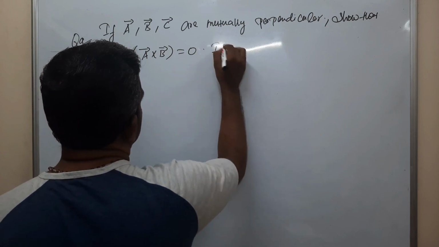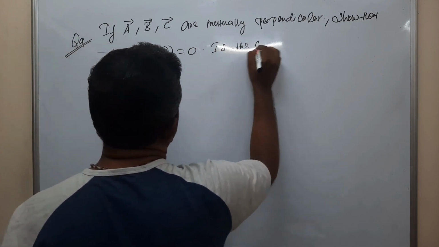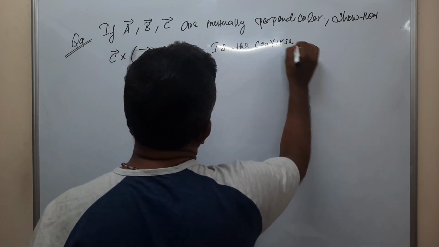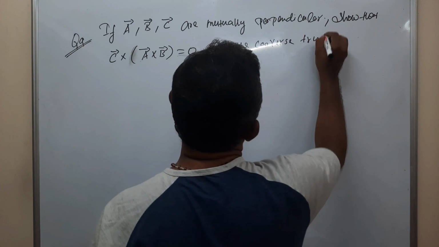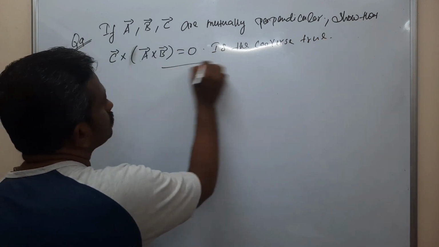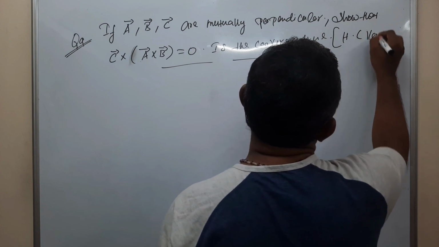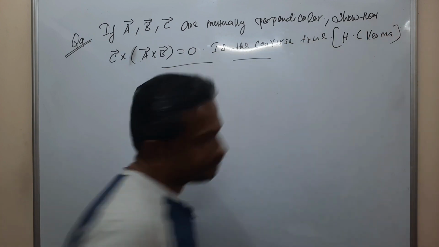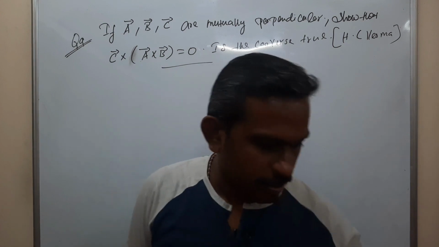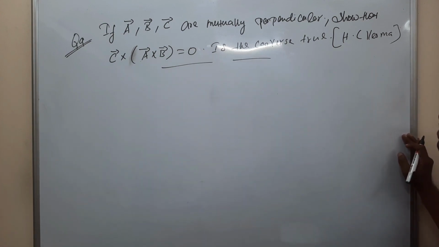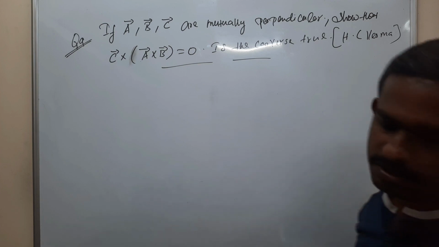Is the converse true? This question is from H.C. Verma. So A vector, B vector, C vector are mutually perpendicular. Show that C vector cross A vector cross B vector is equal to 0. Is the converse true?